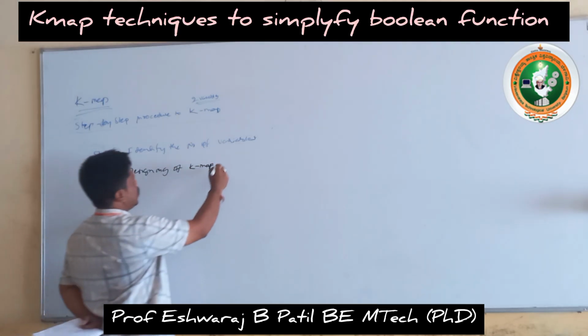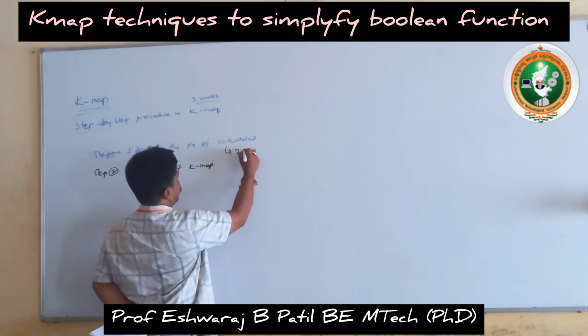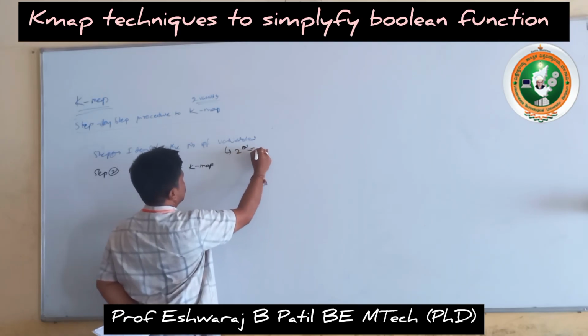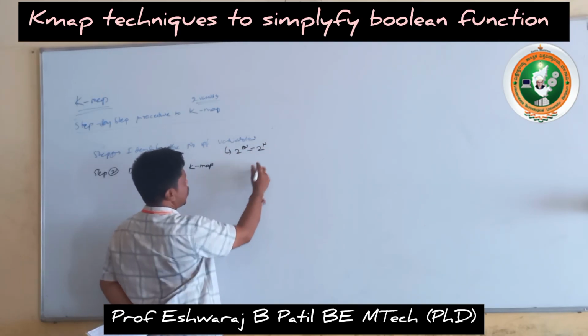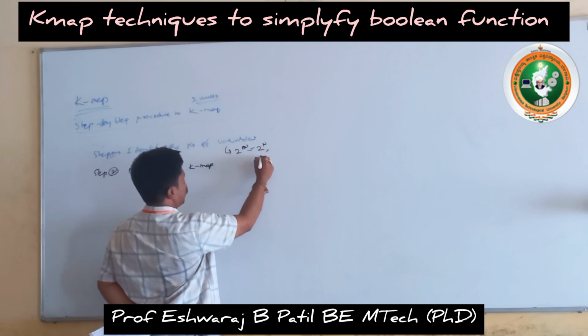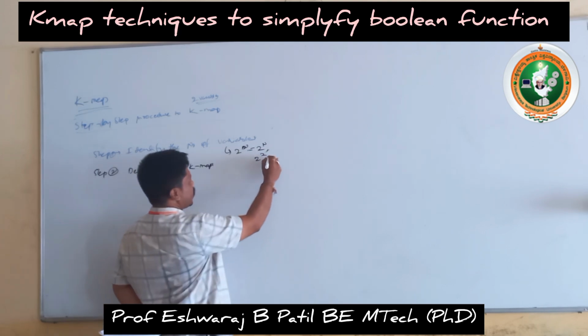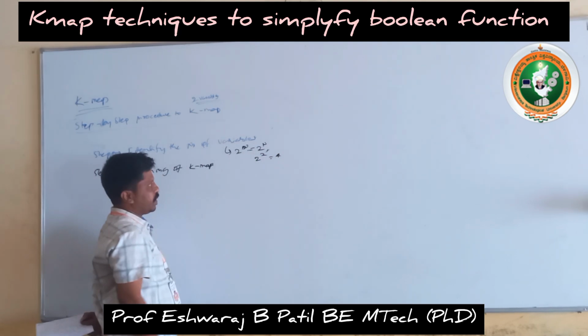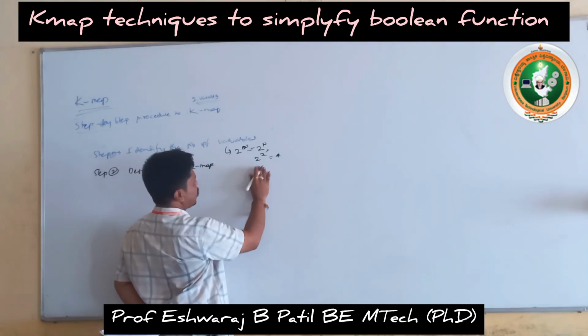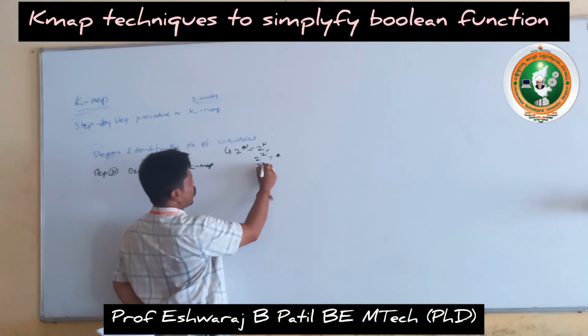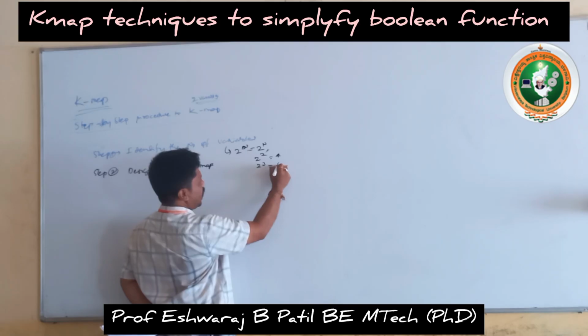We need 2 to the power of n cells. For example, for 2 variables, 2 to the power of 2, I would go with the 4 cells KMAP. If it's a 3 variables KMAP, then I will go with the 8 cells KMAP.